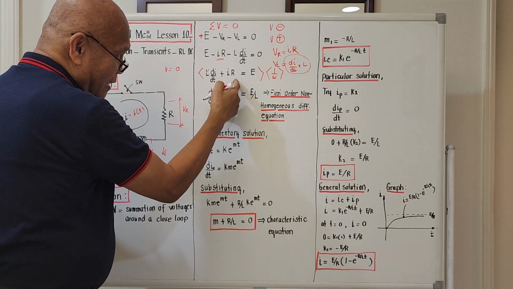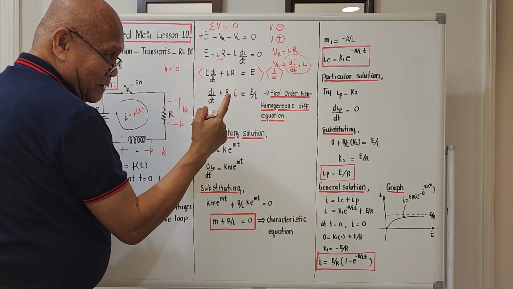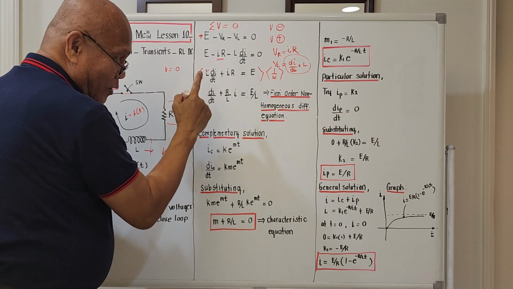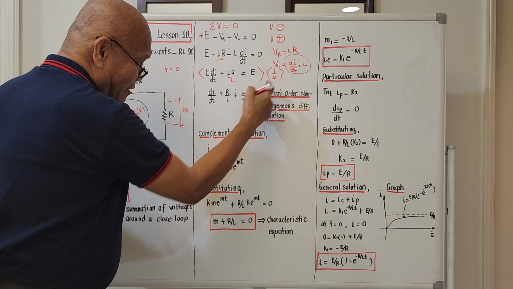IR times 1 over L will be, I will make the ratio R over L, because we divide this by L when we multiply.